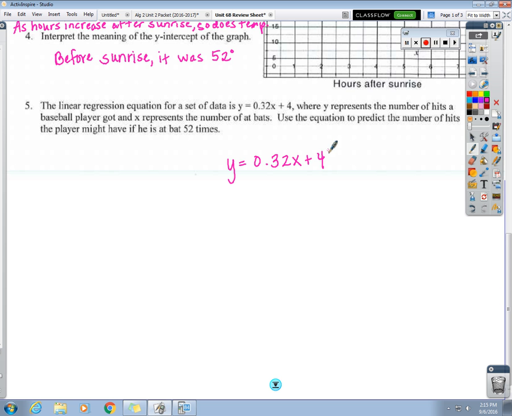Where will I plug in that 52, the x or the y? How do you know that? Right, x represents number of at-bats. Well, at bat 52 times, so that's an x value. So it's going to go right there. y equals 0.32 times 52 plus 4. So go ahead and type that in.